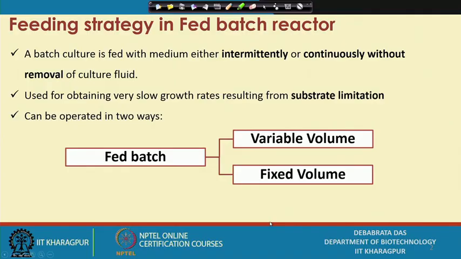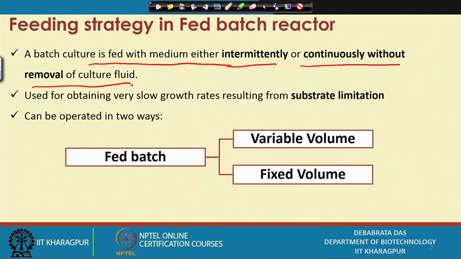Now, first let me consider what we mean by fed batch process. Fed batch process means that the batch culture is fed with media, either intermittently or continuously, without removal of culture fluid. So, what does it mean? Suppose this is a reactor, am I right?